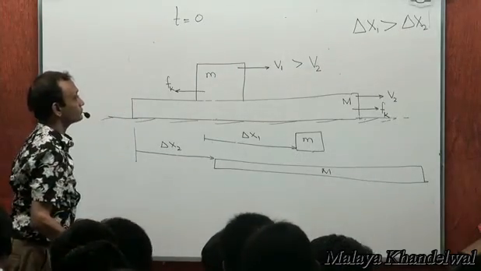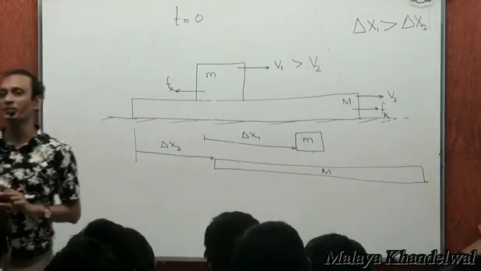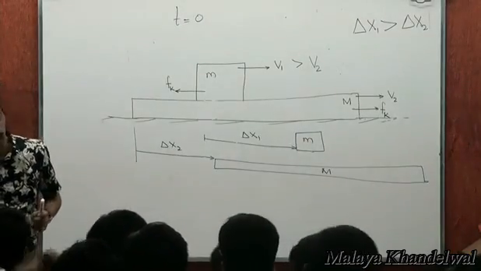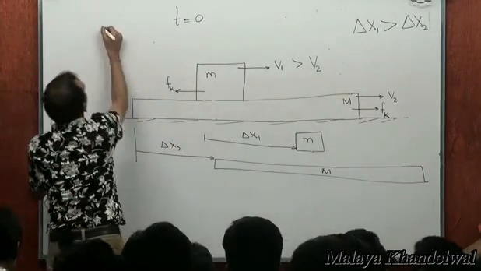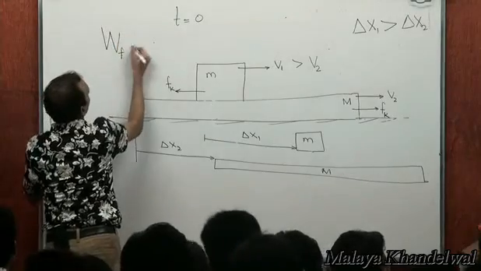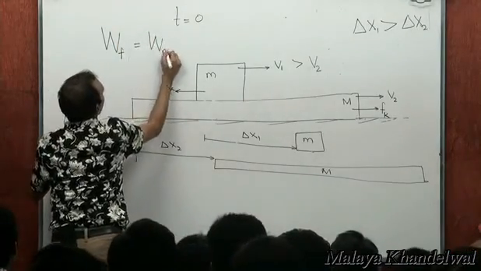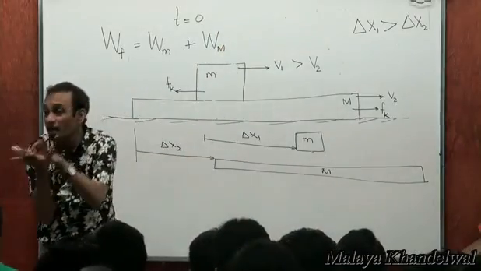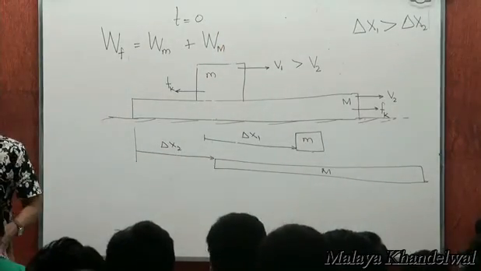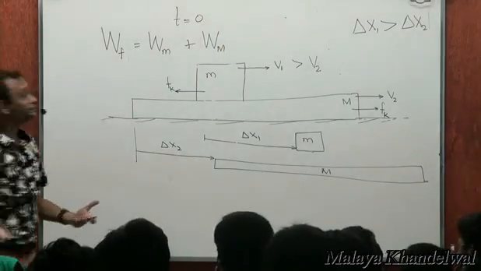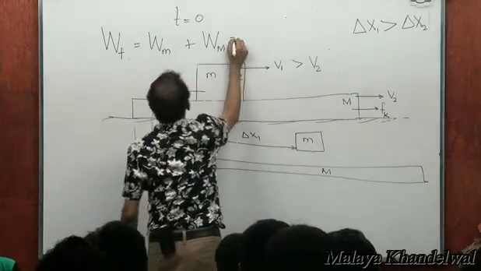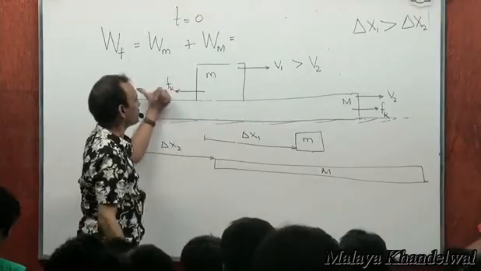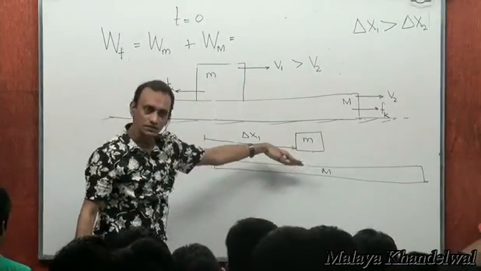Now, let me calculate the total work done by friction. Work done by friction on the upper mass and work done by friction on the lower mass, right? Total work done by friction on small m plus work done by friction on capital M. And realize that they are rubbing against each other. There is relative motion between the two masses, right? Work done by friction on the upper mass would be minus Fk into delta x1. Fk is leftwards, delta x1 is rightwards, right?